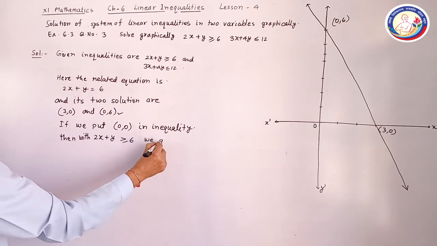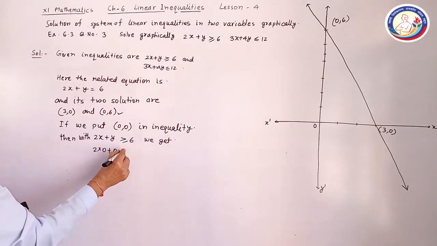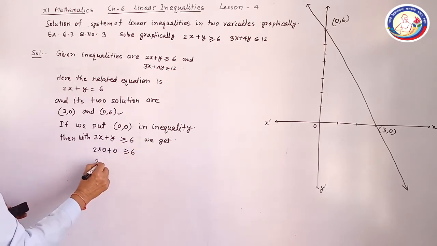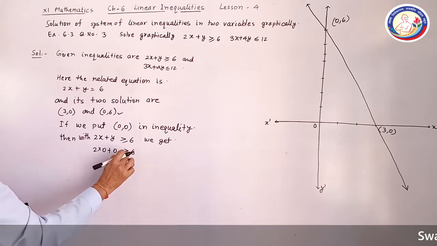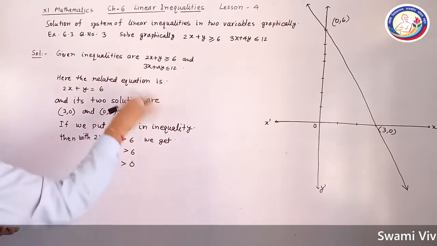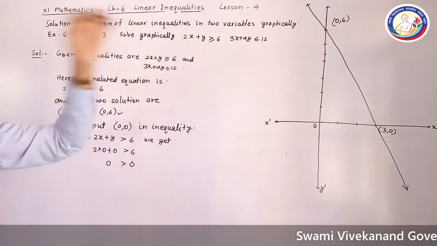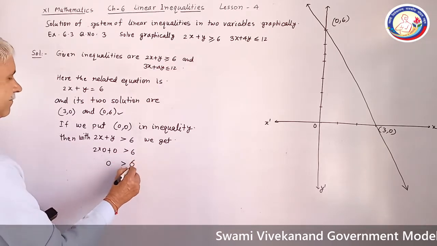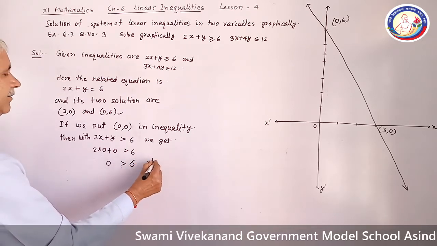We obtain 2 into 0 plus 0 is greater than or equal to 6, that is 0 is greater than or equal to 6. We are taking only the inequality; we have to leave the equation, because for the equation the points on the line will be the solution. Is it correct? 0 is greater than 6. The statement is false.